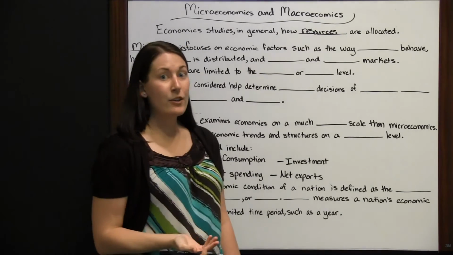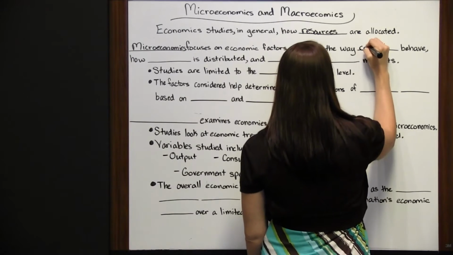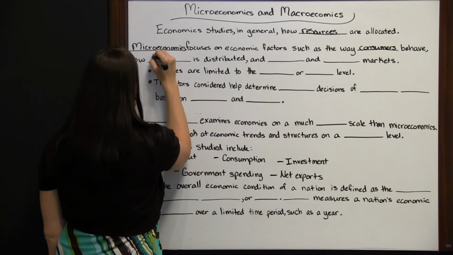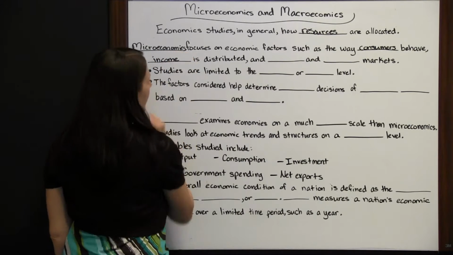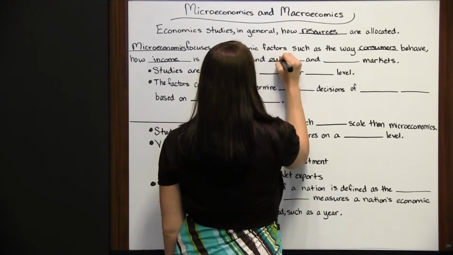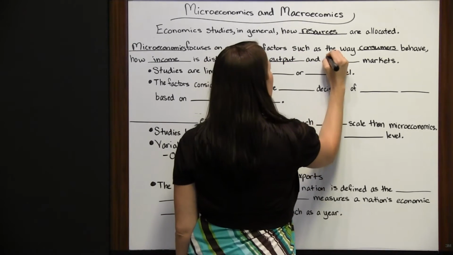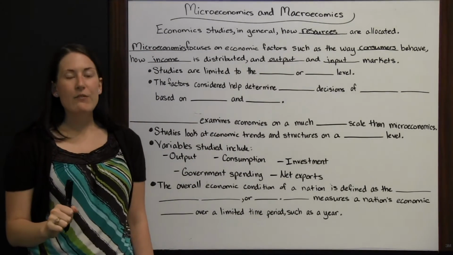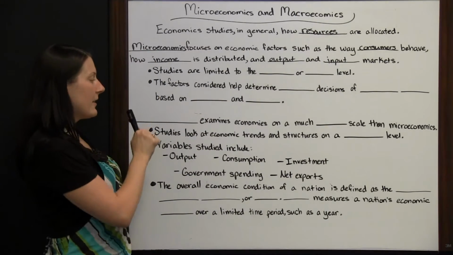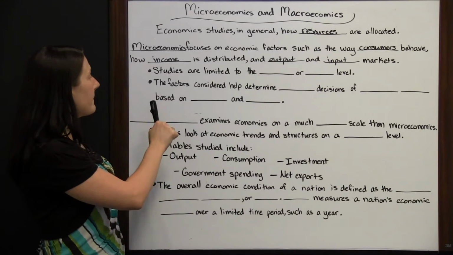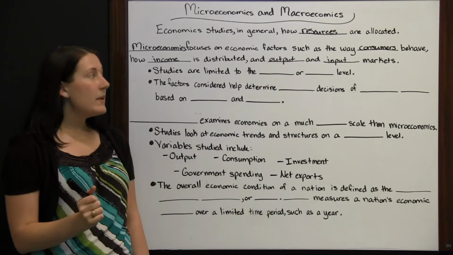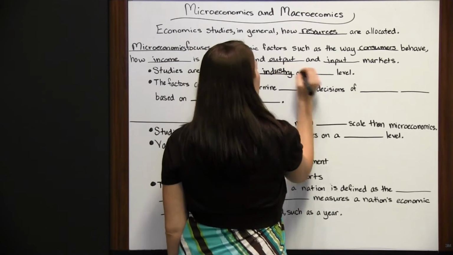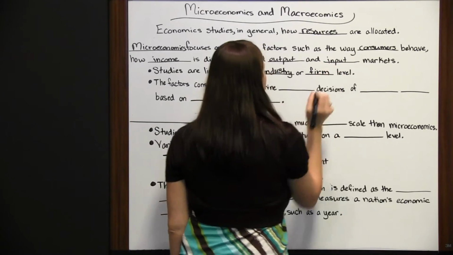focuses on economic factors such as the way consumers behave, how income is distributed, and output and input markets. But the most important thing to remember to differentiate between microeconomics and macroeconomics is that microeconomics studies are limited to the industry or firm level.